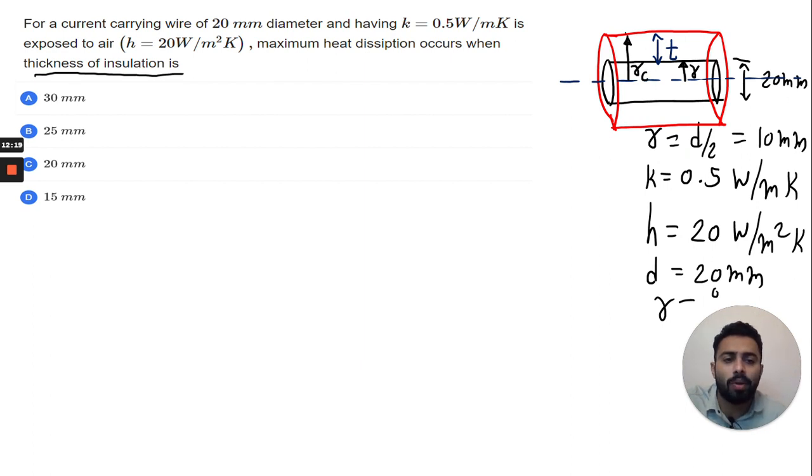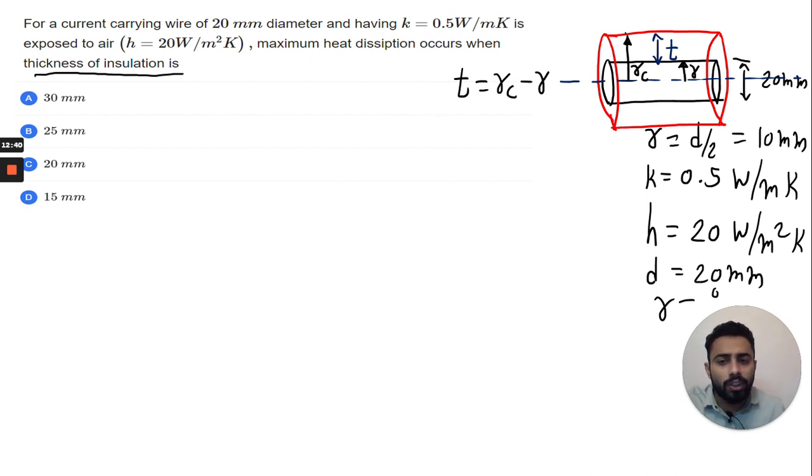Why RC? Because it's the critical radius. Now, what is the critical radius of insulation? Before getting into that, let me tell you how to calculate this thickness. It is very simple. The thickness is RC minus R.